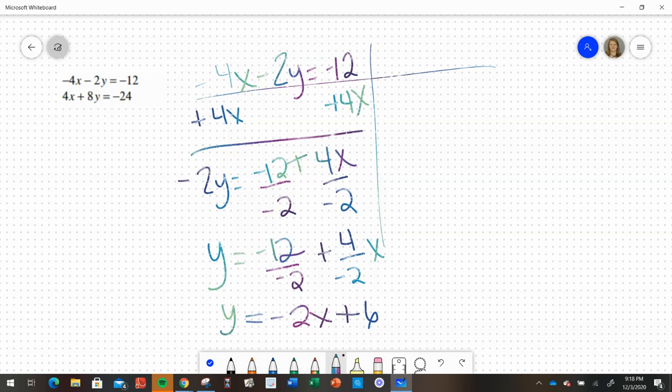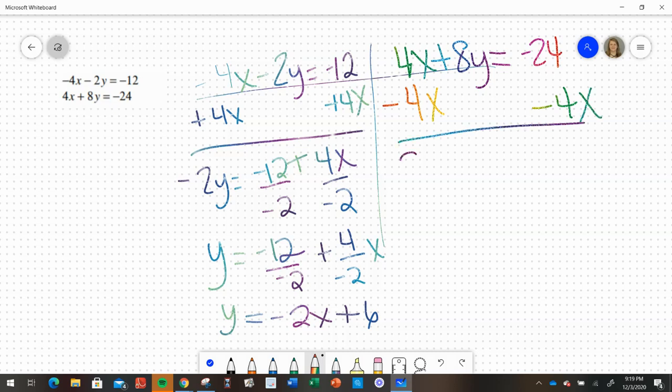Then my next one is 4x plus 8y is equal to negative 24. Same thing, I'm going to subtract 4x from both sides. So I get 8y is equal to negative 4x minus 24. Remember, you can't combine those. I'm going to divide both sides by 8.